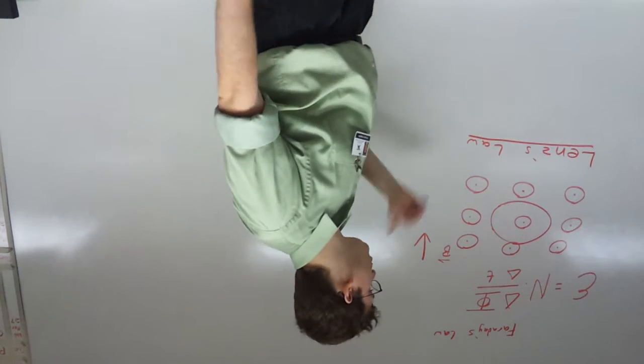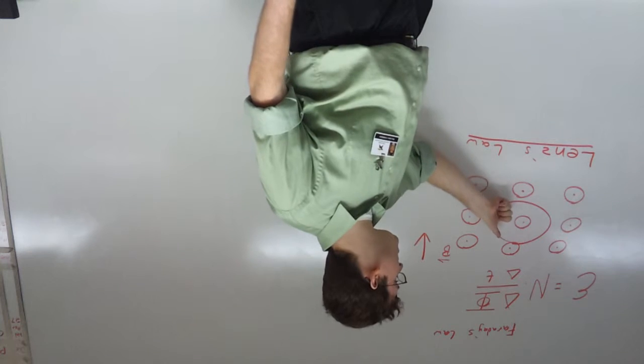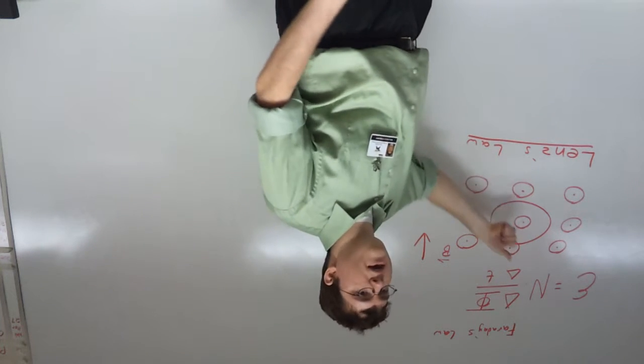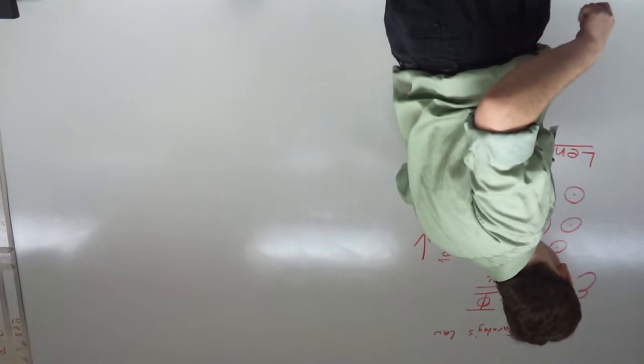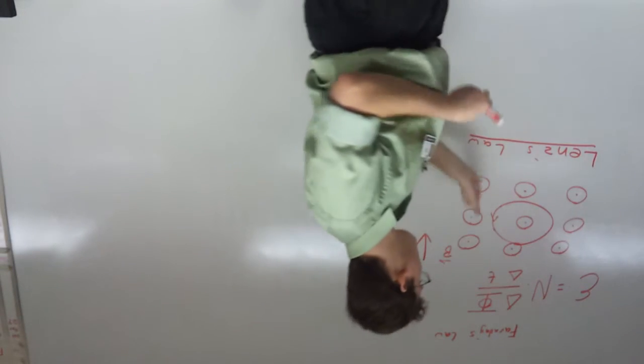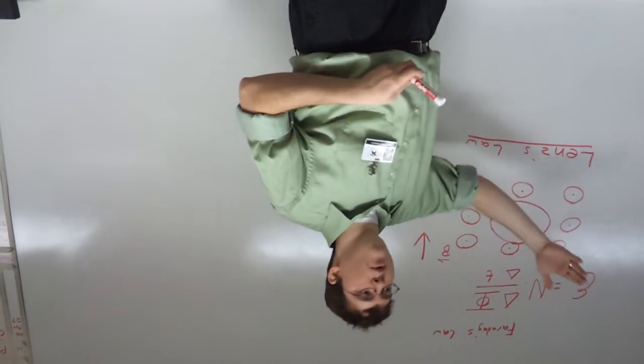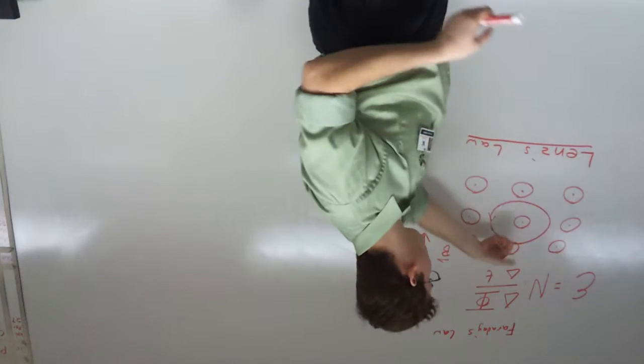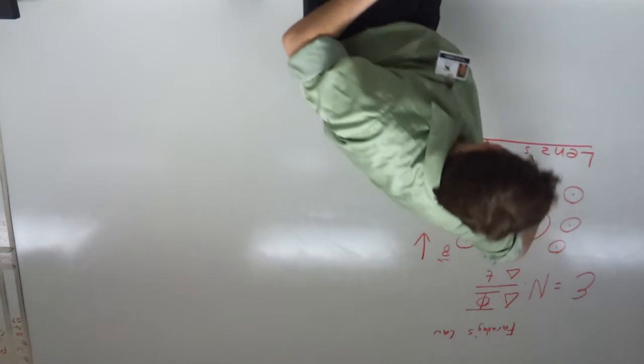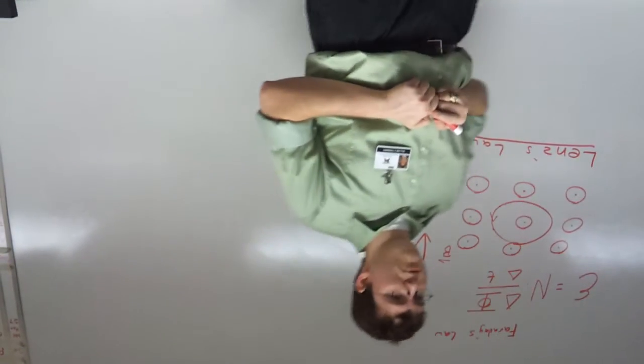So if I do the right-hand rule real quick, I can see that going counterclockwise, my magnetic field goes that way, out, through the loop at all points. Like that. Okay? So my induced current will be counterclockwise.